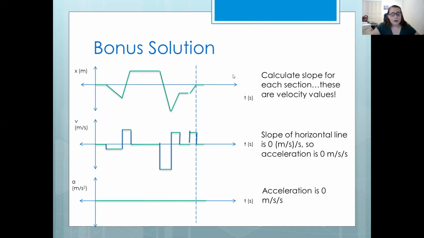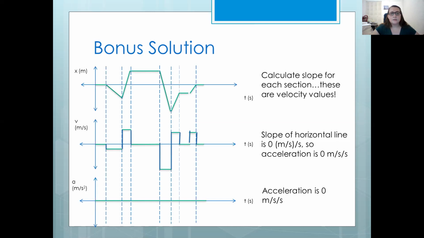And so when we talk through the basic shapes, remember to go from a position time graph to a velocity time graph, we're taking the slope of each section. So take a look at each section individually, and I put dotted lines for all of the key points of interest in our position time graph.